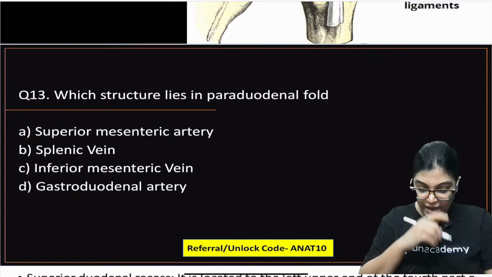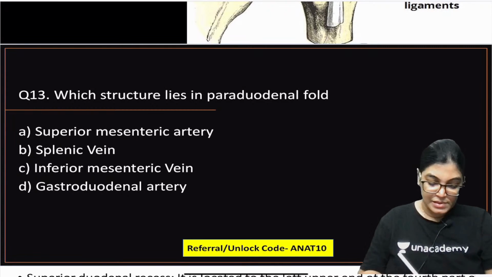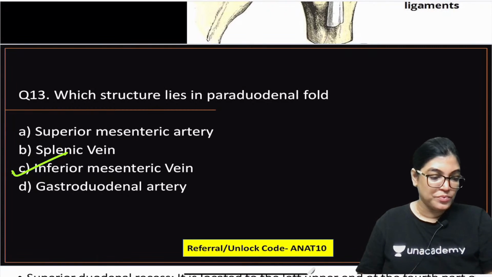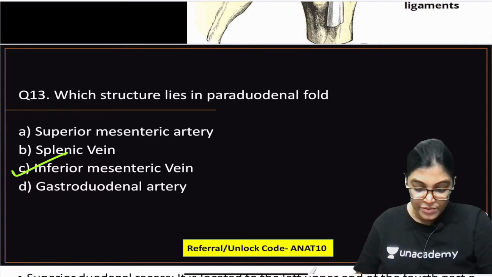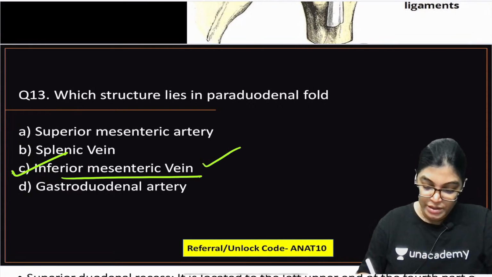So let me mark it. Actually, the correct answer here is inferior mesenteric vein. Inferior mesenteric vein lies in the paraduodenal fold.